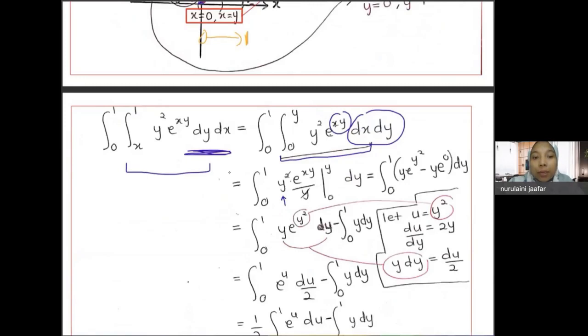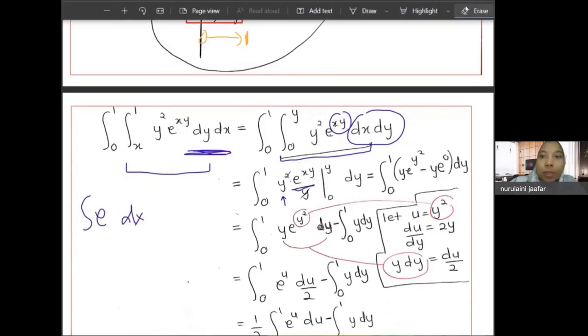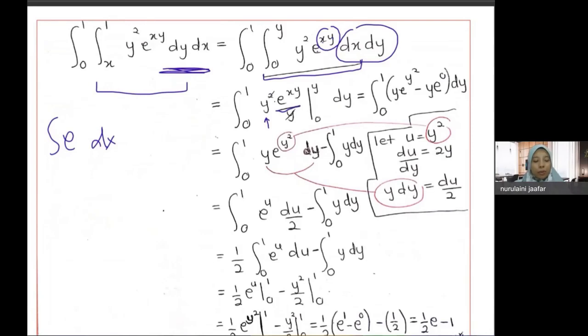We get y, so you must divide by y. Do you still remember how to integrate an exponential? Let's say I give you another example, if you still remember: for example, you want to integrate e to the x.